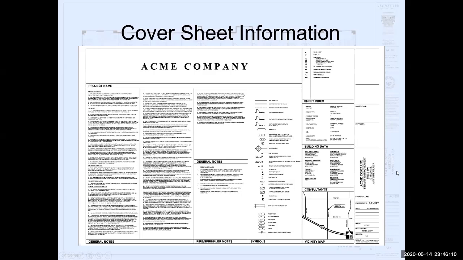So the contractor can't say, I didn't know that note had anything to do with what I was doing. We said, well, we provided it as general notes, so we were hoping you'd see it there, but we also copy them again on the specific construction sheet or reflected ceiling plan sheet or electrical sheet or the finishes sheet as applicable, so they can't say, we didn't know that was important to you.